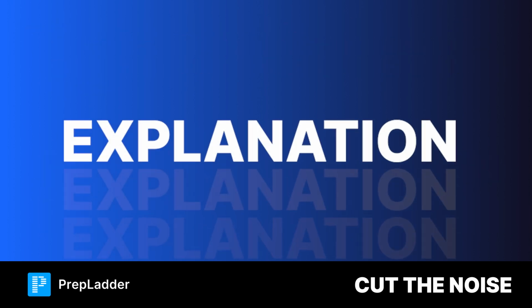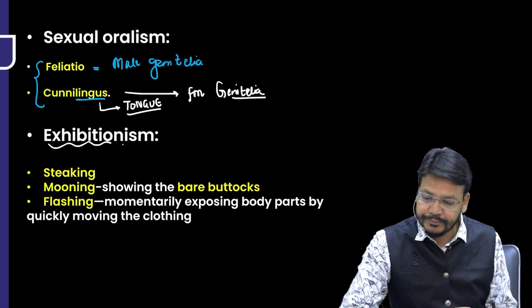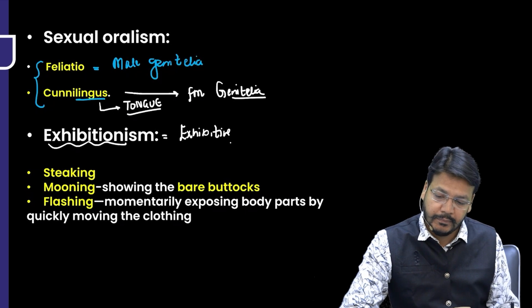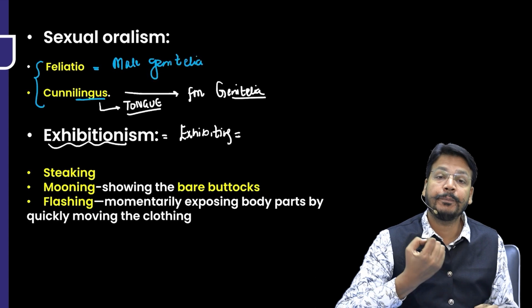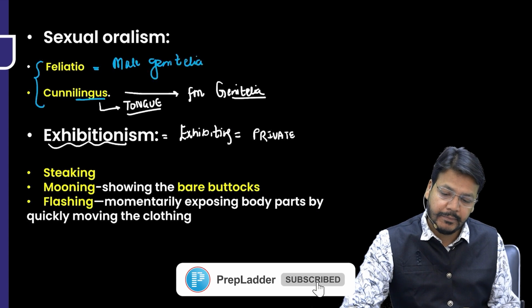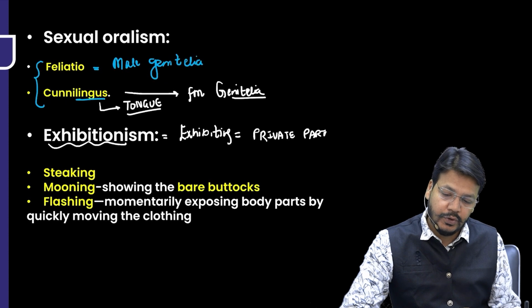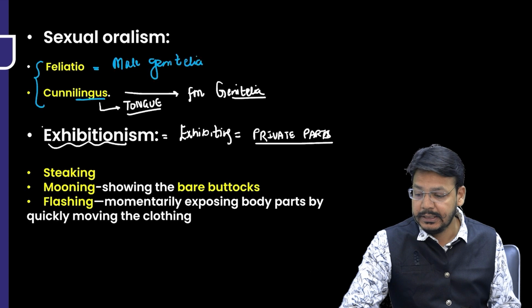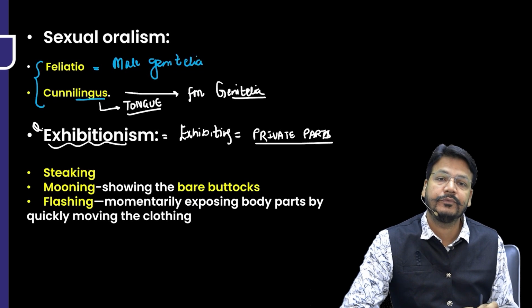Here's the explanation. Exhibitionism. My dear friend, if you are exhibiting or showing off your private parts, means you are showing your genitalia, you are showing your other private parts, this is known as exhibitionism. Very, very important.